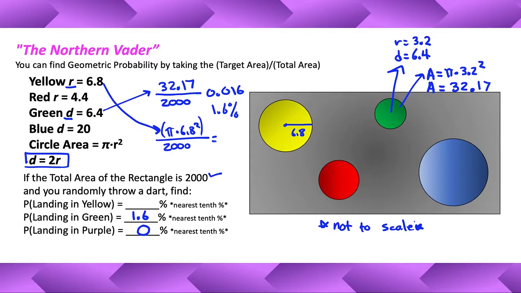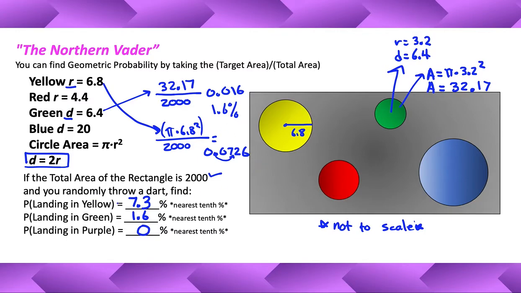And I get 0.0726. If I move the decimal 2 places, I have 7.26, and this 6 is going to make the 2 a 3, so I round up. So there's a 7.3% chance of landing on the yellow.